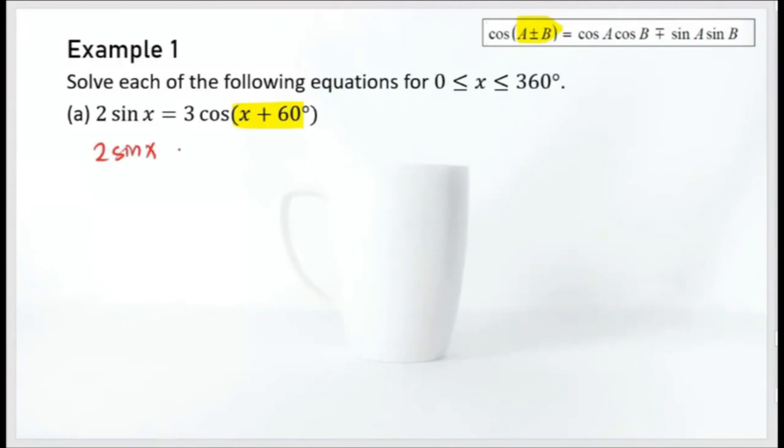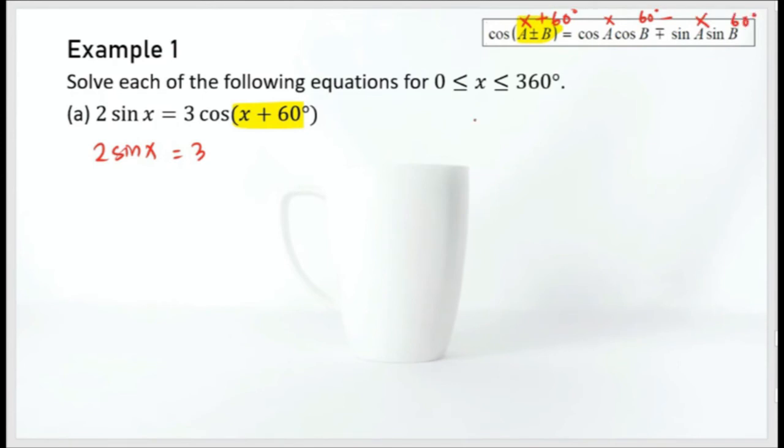2 sine x equal to 3. We change the cos, bracket x plus 60, the addition formula for x plus 60. Change it to cos x cos 60 minus sine x sine 60.